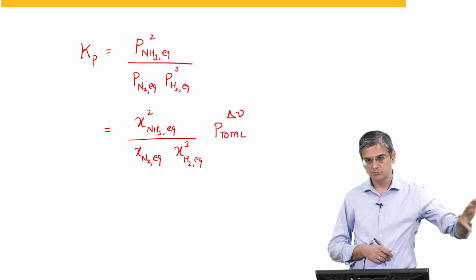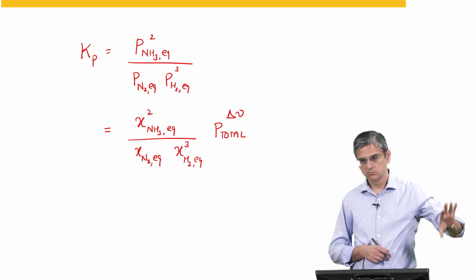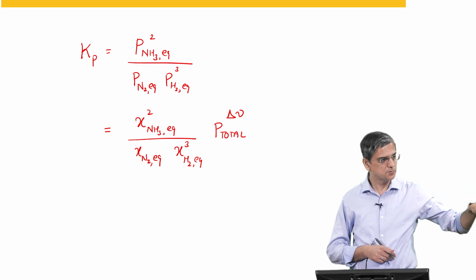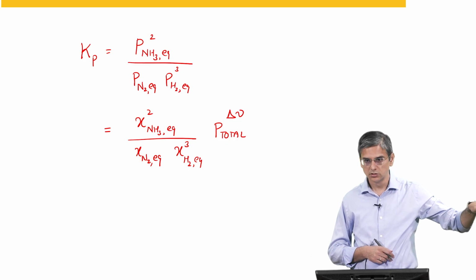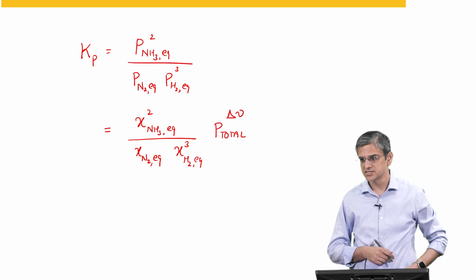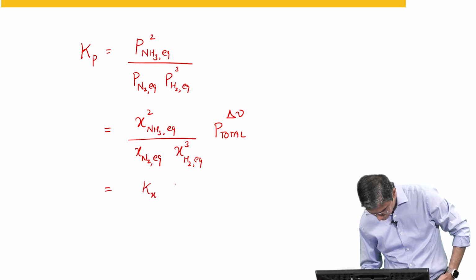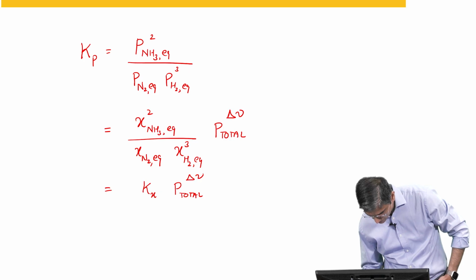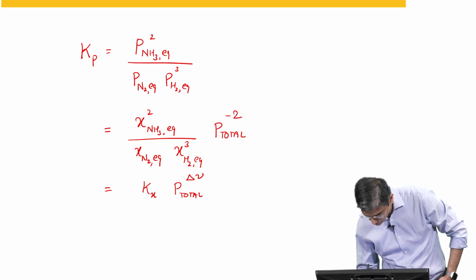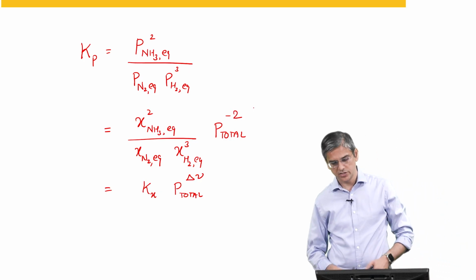P square, P cube becomes P to the power minus 2 multiplied by Kx. That is how you get this.